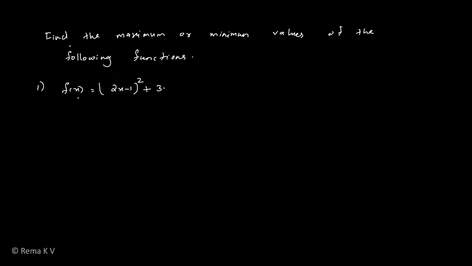See, in the question it is given that f of x is equal to (2x minus 1) the whole square plus 3. Let us write this as (2x minus 1) the whole square. This is a perfect square, so you know that this is greater than or equal to 0.